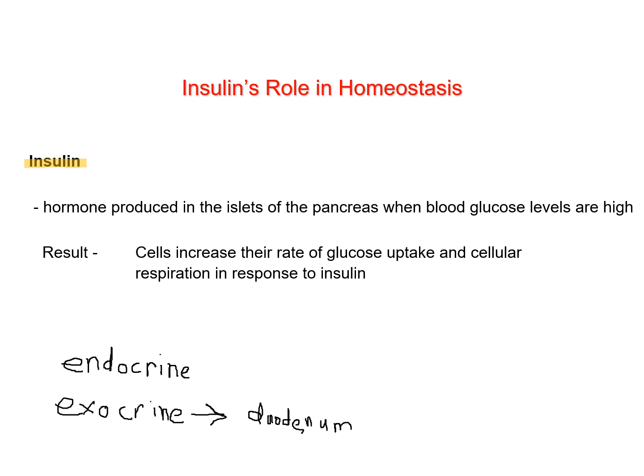Insulin is produced, and like all hormones, secreted into the blood in response to an elevation in blood plasma glucose levels.